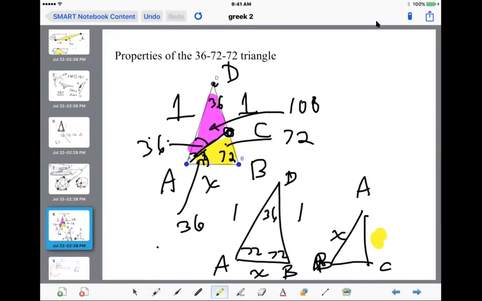Can you tell me about these other two sides of the yellow triangle? We know x, because that x is right here. That's side AB. But what about the other two sides? What can you say about them? They're both x? Or it's 1 and 1? It's not equilateral. AC does equal x. So let's put that into the picture.